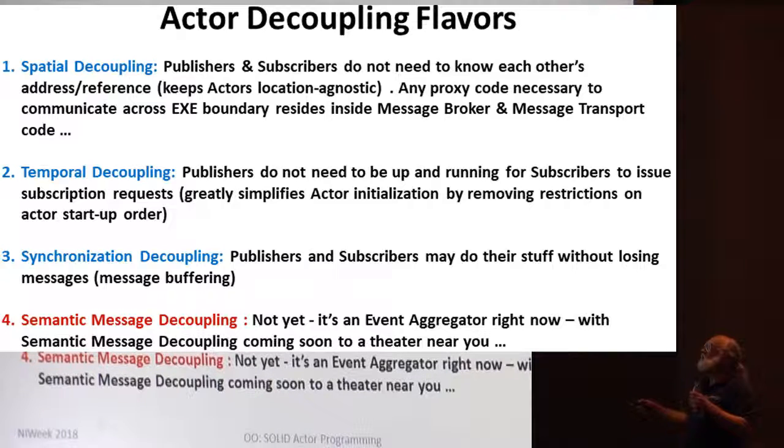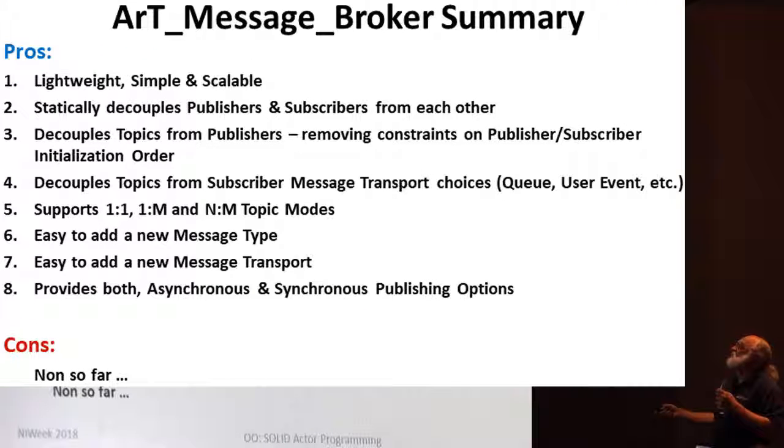Synchronization decoupling: publisher and subscriber don't need to be available at the same time, because if the message transport is buffering messages, they would eventually get them. They may be doing some important job, and then they'll get all the messages if it's not a lossy message transport. And the last one, semantic decoupling, is the message translation feature. So that's the runtime decoupling.